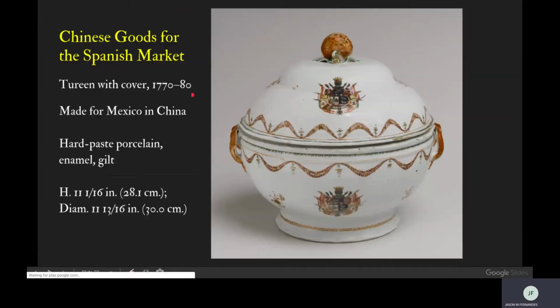So some of the products that came back from China being specifically made for the Spanish market, right? So again, remember, China is this mass producer of global goods still during this time period, right? Even though you have Europe going out, starting this early capitalism, colonialism, etc., that continuity that we're looking for in this time period are Asian goods, right? They are still the major products that are being traded in the world at this time, right?